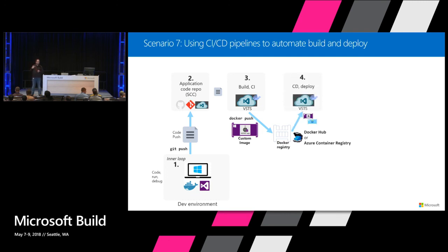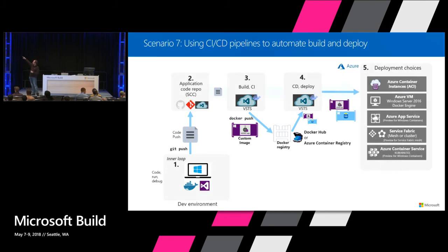And then you will have your CD deployment pipelines, and you grab that image from the registry, and then you deploy it to any of those environments that we were talking about. Okay, could be some of them for dev test environments or for production environment. But the critical piece here, or what's new compared to traditional DevOps or traditional CI/CD, is the Docker registry in between with the Docker images.